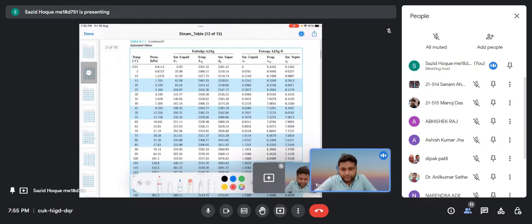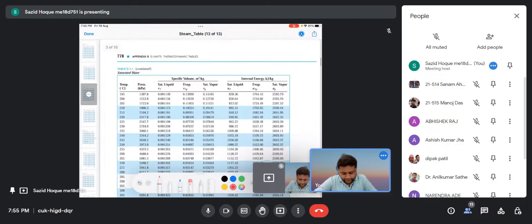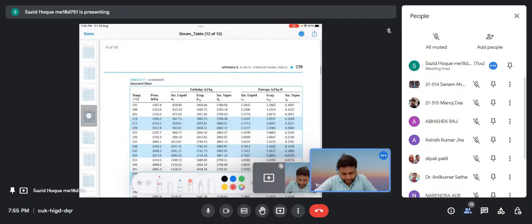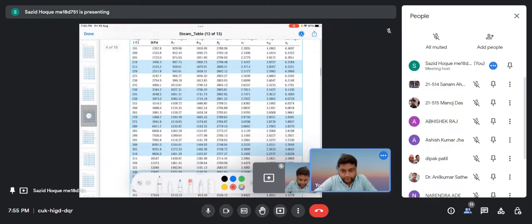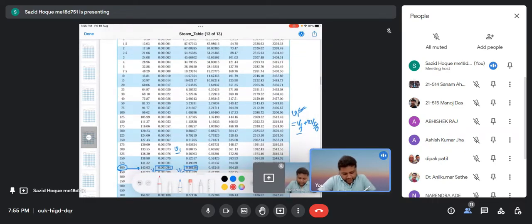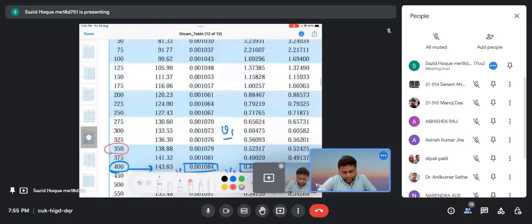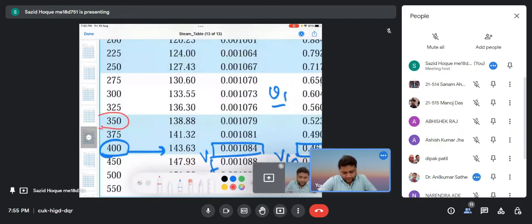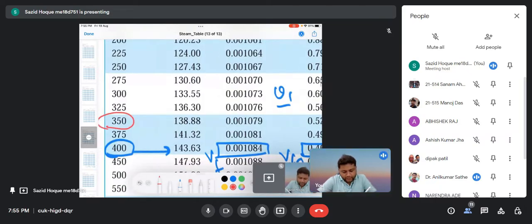This is temperature, saturated water. This is in pressure. So it is given as 350. At 350, it is 138.8. This will be the temperature TH.